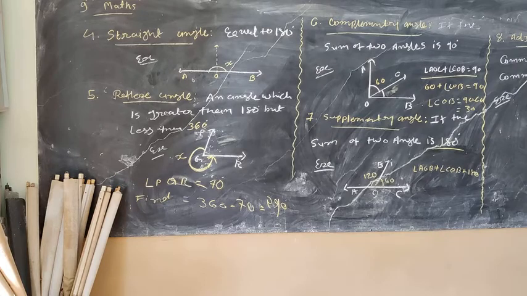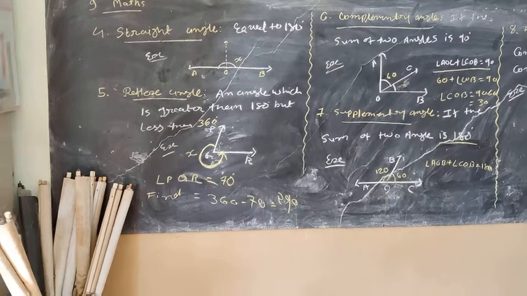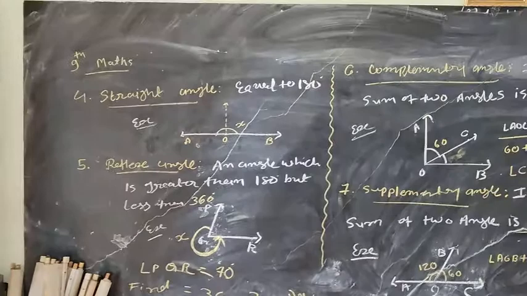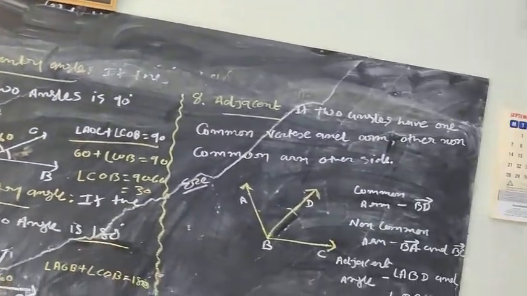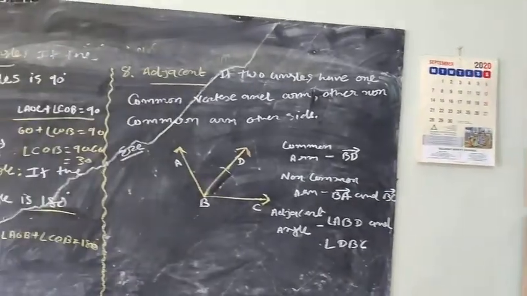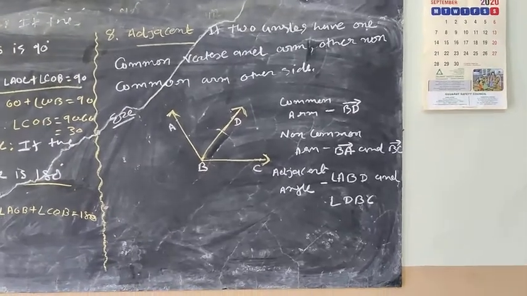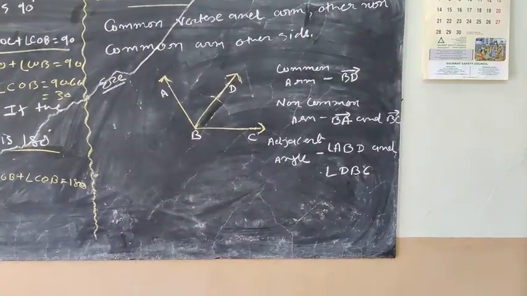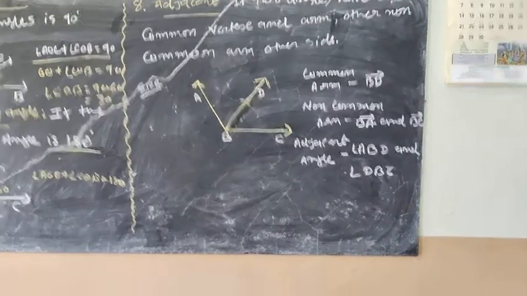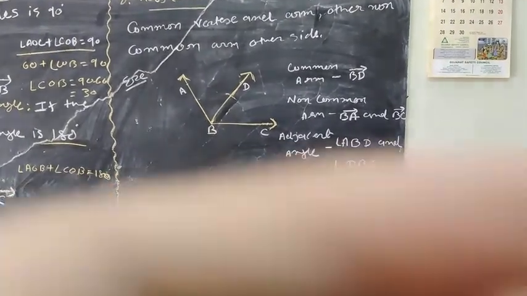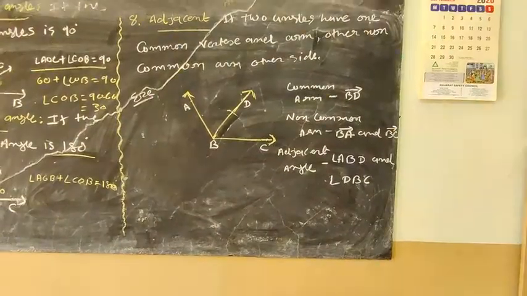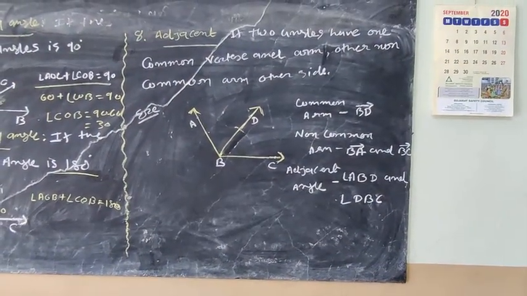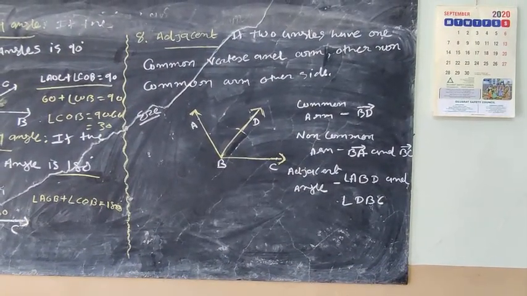The next angle is the adjacent angle. Adjacent angle means they are adjacent to each other. If I use the word adjacent, that means they are adjacent to each other. So let us read the definition of adjacent angles.